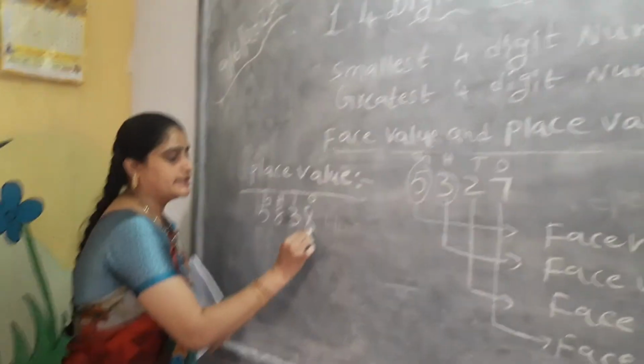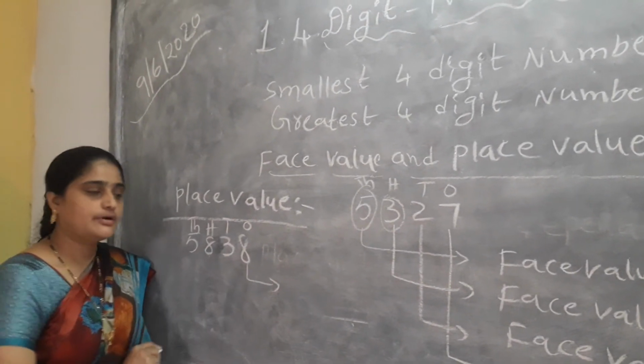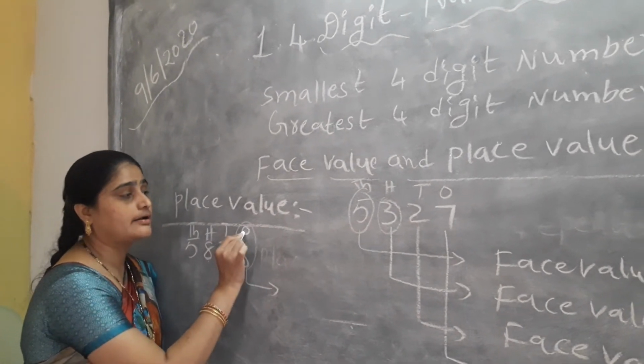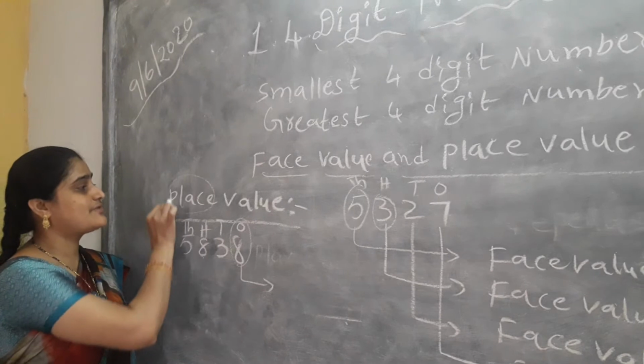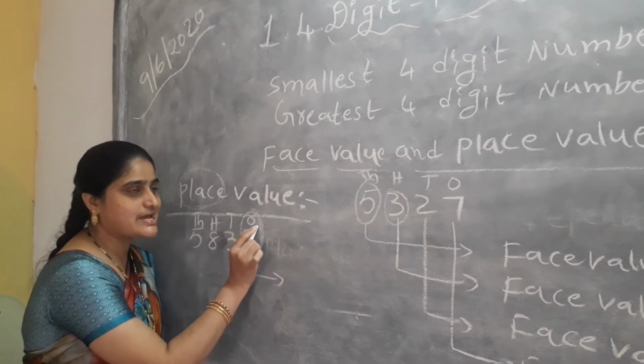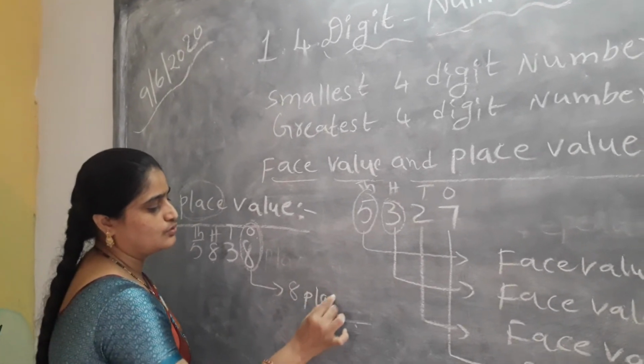Here is 8. What is the place value of 8? 8 is in which place? You know, already we say place value. 8 is in the ones place. That's why the place value of 8 is 8.